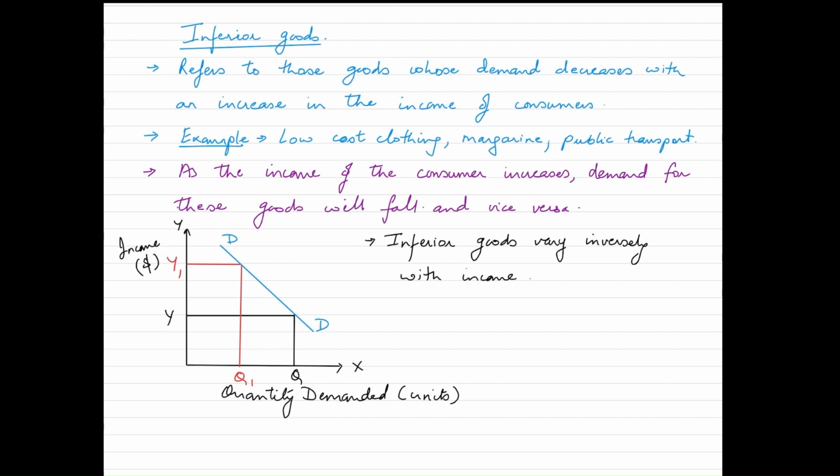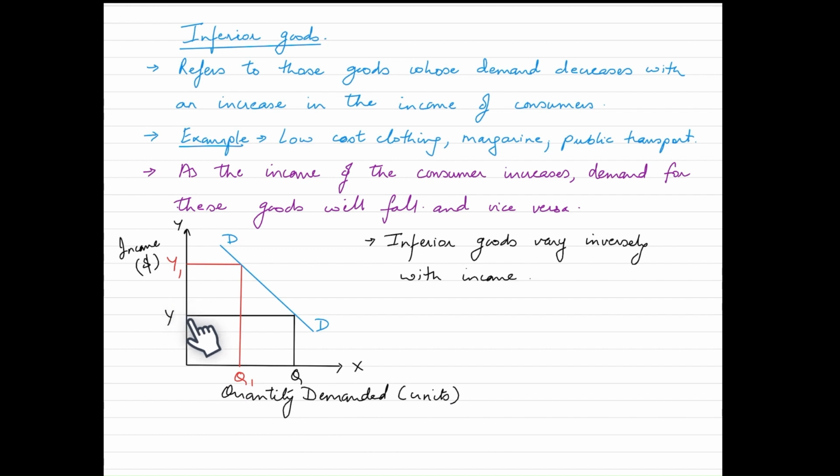What happens here is as the income of the consumer increases, demand for these goods would fall, and the opposite would also hold true. On the y-axis you see income, and on the x-axis you see quantity demanded for the main commodity.